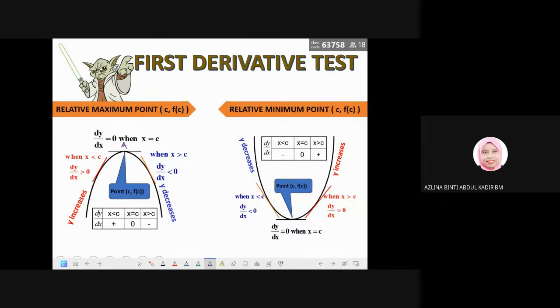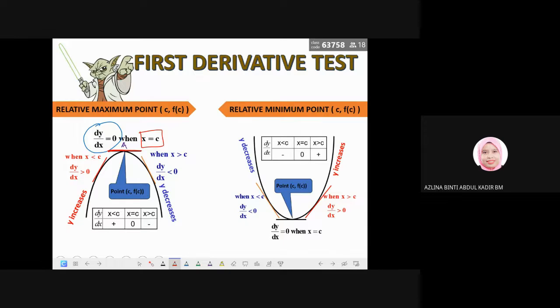A occurs when the gradient of the tangent, dy/dx, is equal to 0. Where is the tangent? This straight line. This is the tangent line where dy/dx equals 0, that is parallel to the x axis. So we have the value of x equal to c.